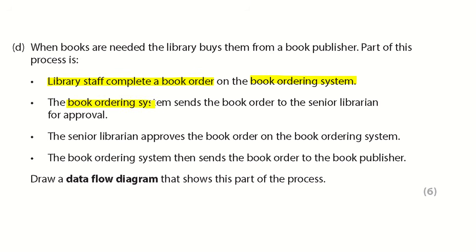The book ordering system sends the book order to the senior librarian for approval. The senior librarian approves the book on the book ordering system. The book ordering system then sends the book order to the book publisher. There we go, it is a draw and it's a data flow diagram this time.